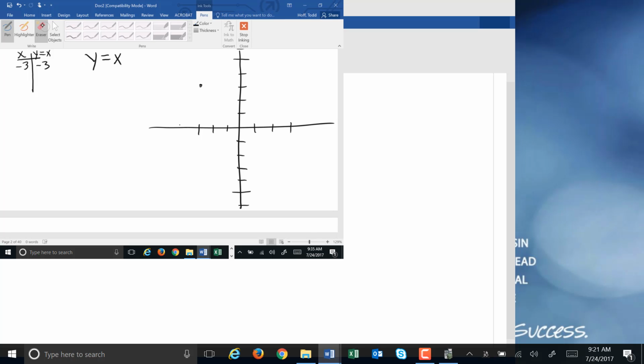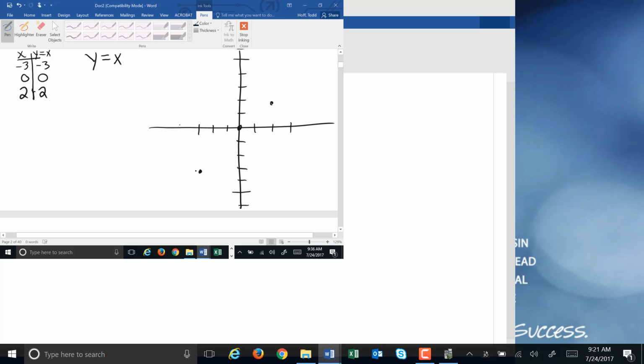Oops, wrong spot. That would be right here, right? Negative 3, negative 3. If x is 0, what's y have to be? 0, so right there. If x is 2, what's y have to be? 2.